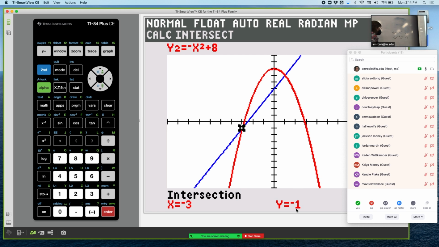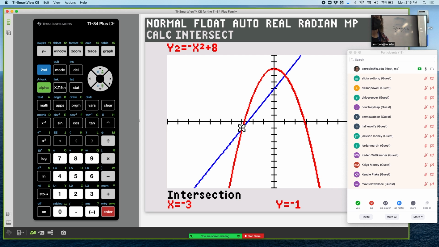Okay, so my intersection points for what we just did is -3, -1. So I'm going to write intersection points. All right, above this, I'm going to go back and write what the two equations are, okay?